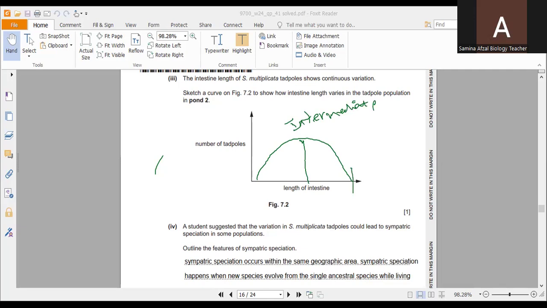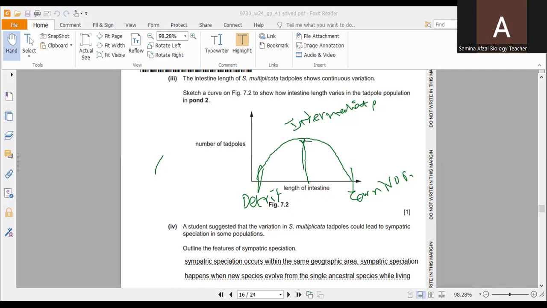These were the two extremes, they can be detritus feeders or they can be carnivores. So the peak of the curve is in the middle of the axis, representing the average intestine length. This signifies that the highest number of tadpoles have this intermediate length.